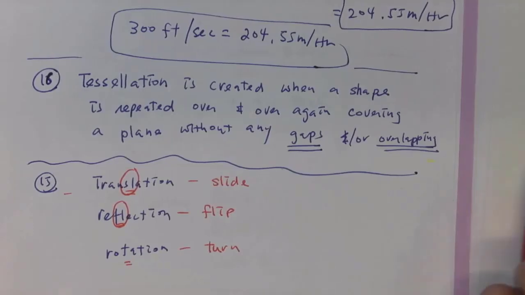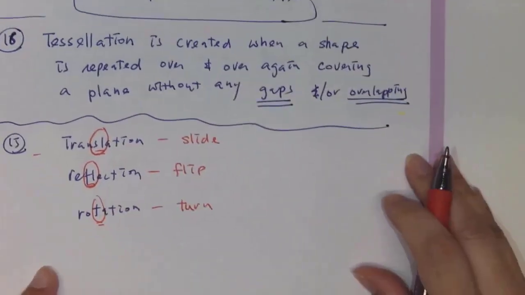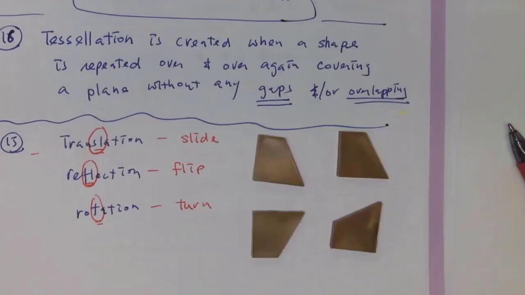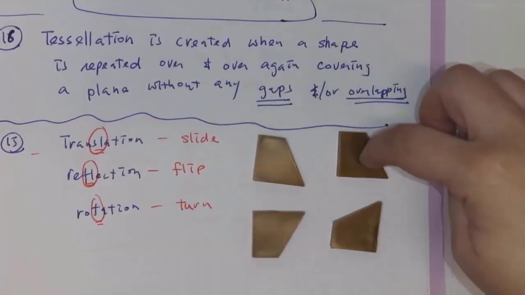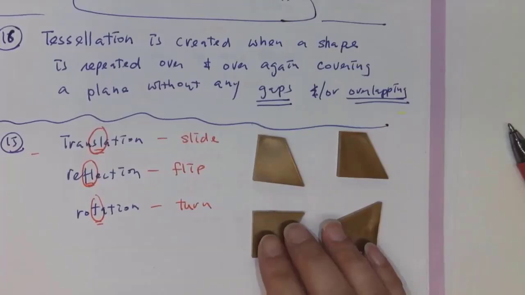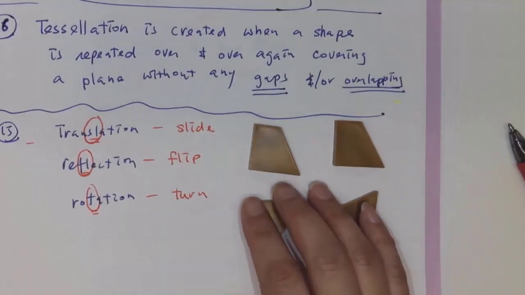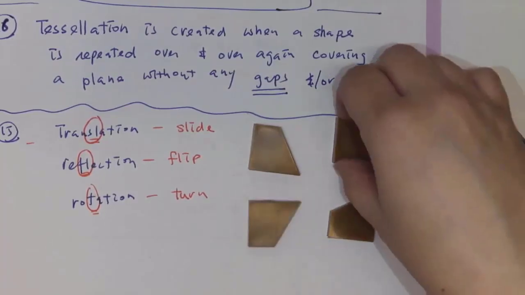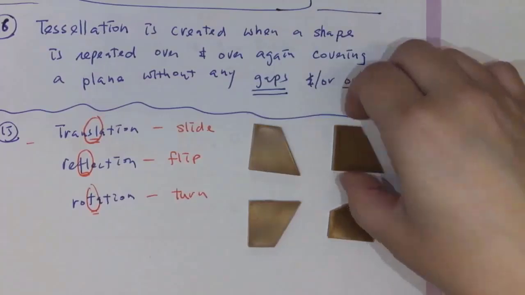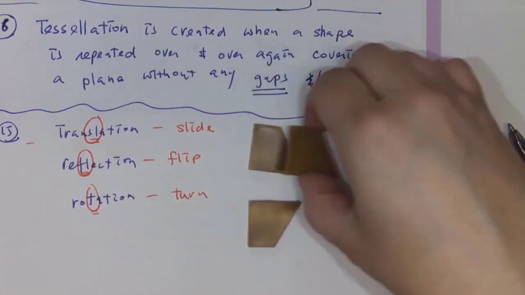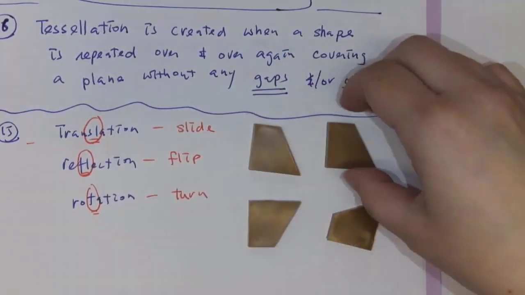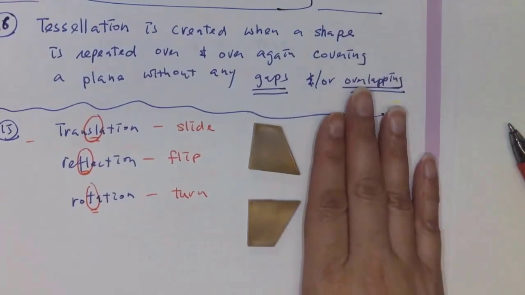So I'm going to put 1 here. So if I call this 1 and 2, the top 2 is doing what? These 2 pictures doing translation, rotation, or reflection? Translation, because it's just slide down here, right? Are we okay? And if I'm looking at these 2, it's a flipping, right?